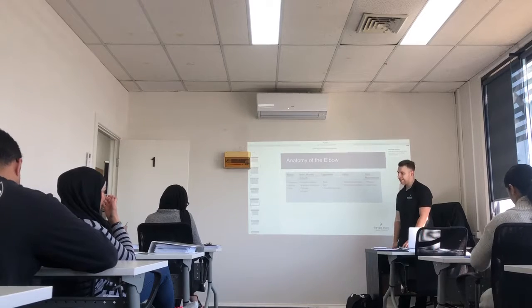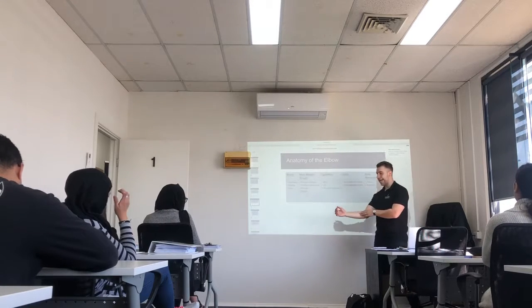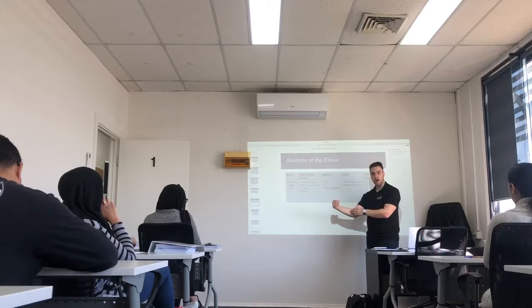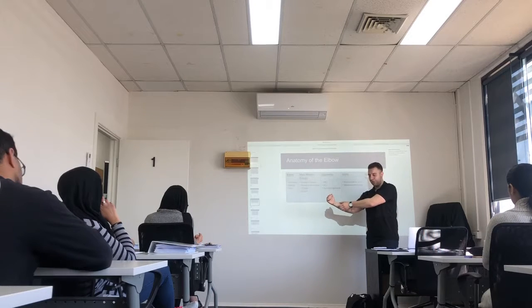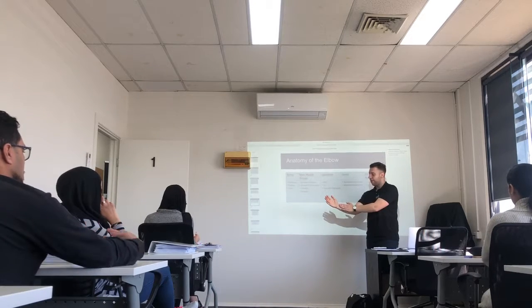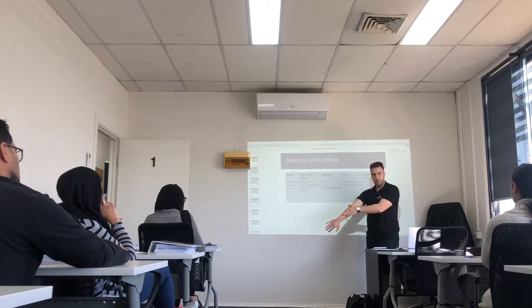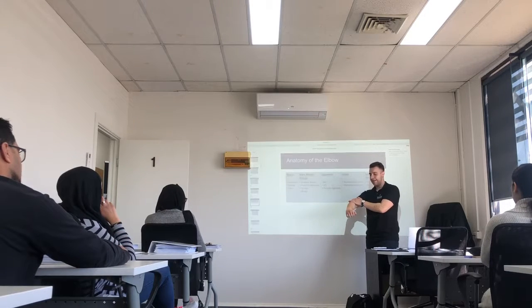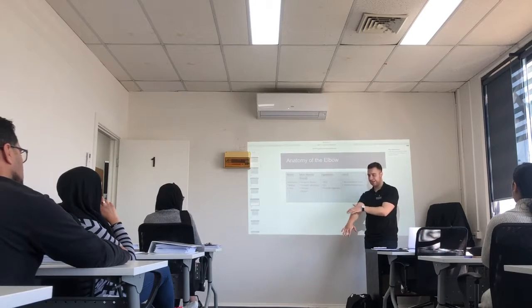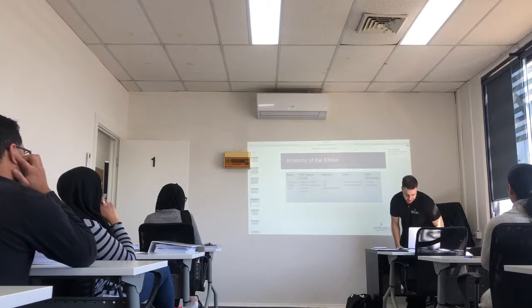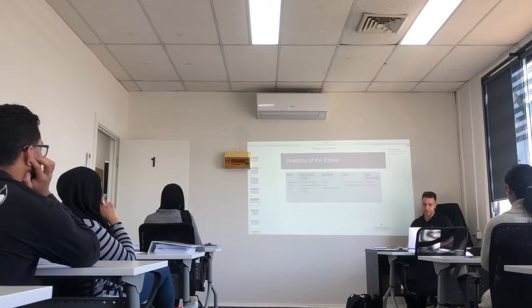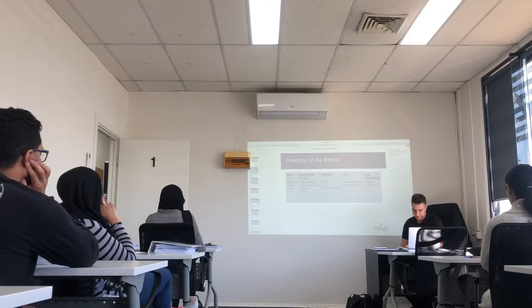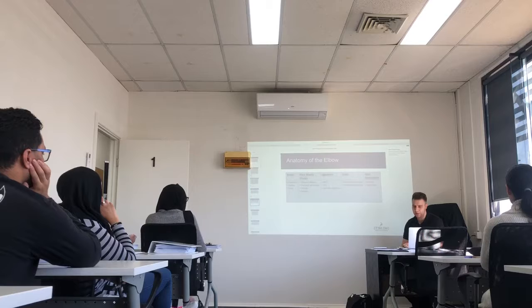Forearm flexors. Forearm flexors are anything that will flex our forearm, and they are throughout this side of our forearm. Forearm extensors are throughout this side here. Anything that we're going to extend through our wrist or through our upper forearm is on the extensor side. So, extensors and flexors. Different ligaments as well: MCL, LCL and annular ligament.